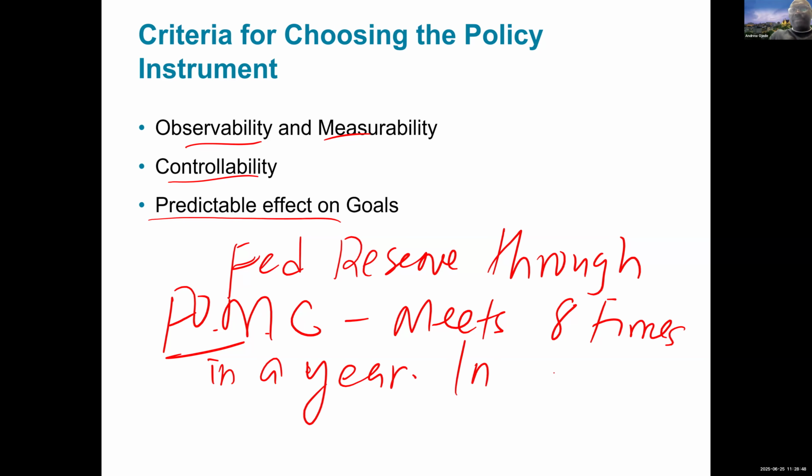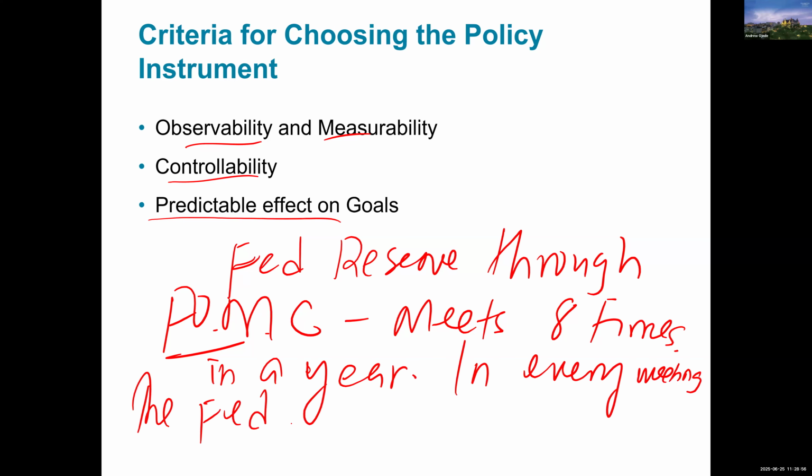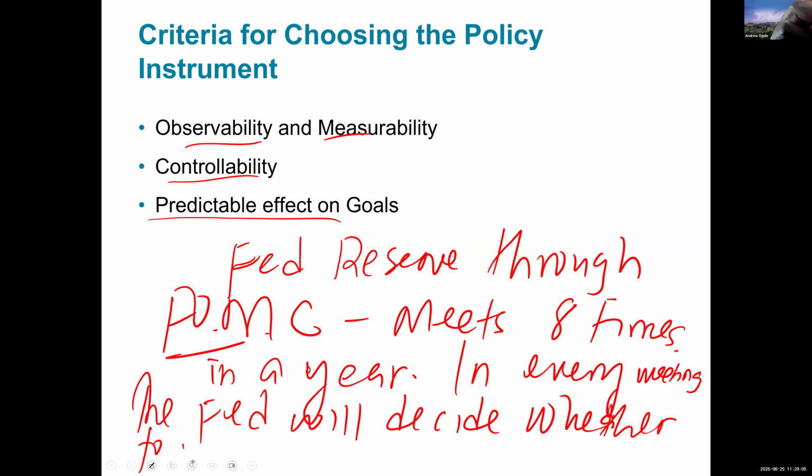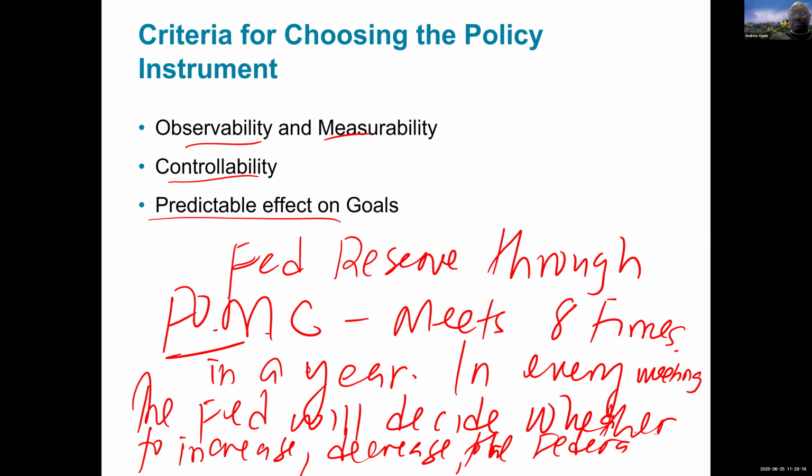So in any one of those 8 meetings, the Fed will decide whether to increase or decrease the federal funds rate, which is this interest rate they set a target on.